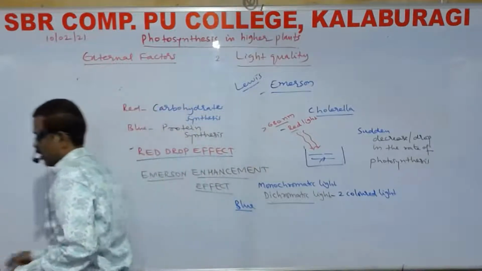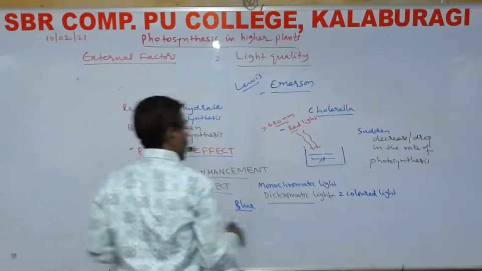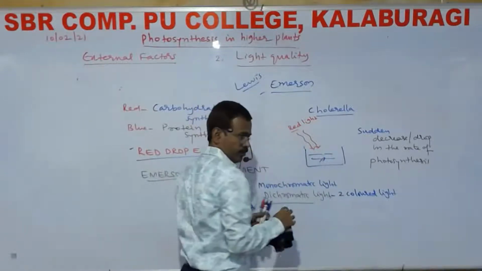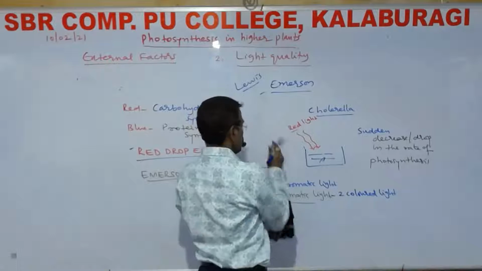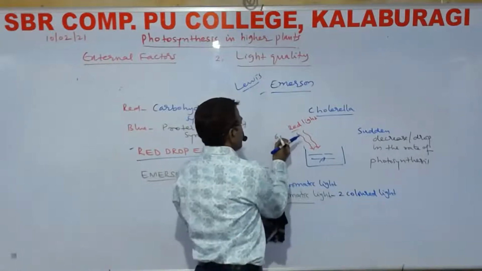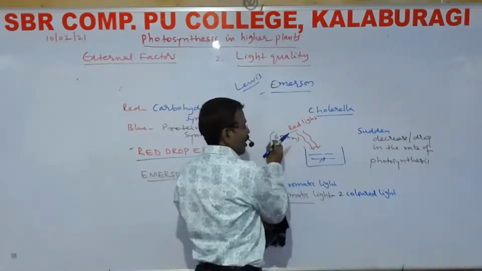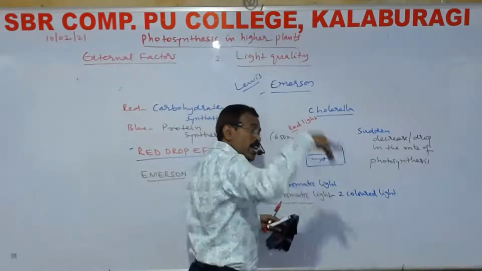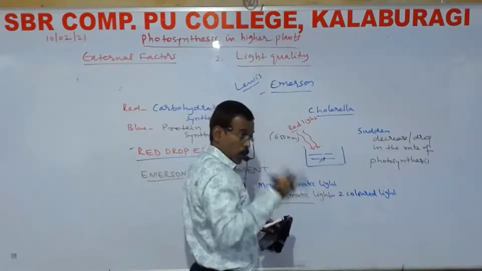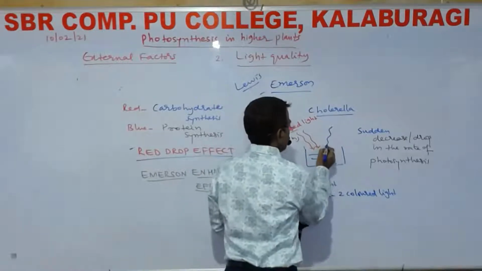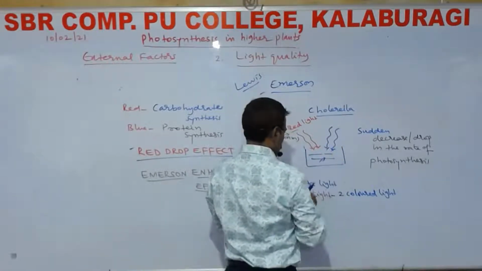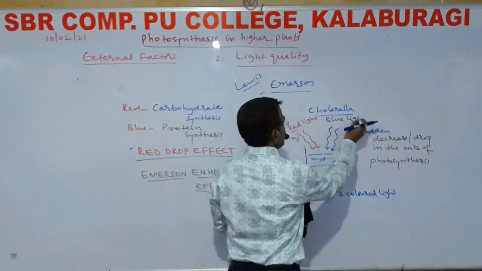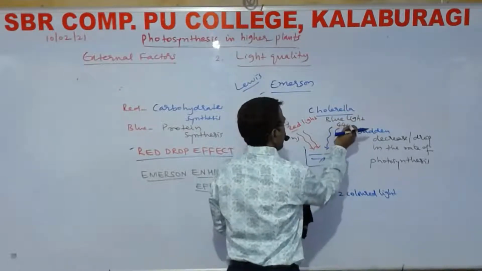So this time the culture of the chlorella was exposed to red light of around 650 nanometer. It is not far red, 650 nanometer. In combination with blue light of around 440 nanometer.